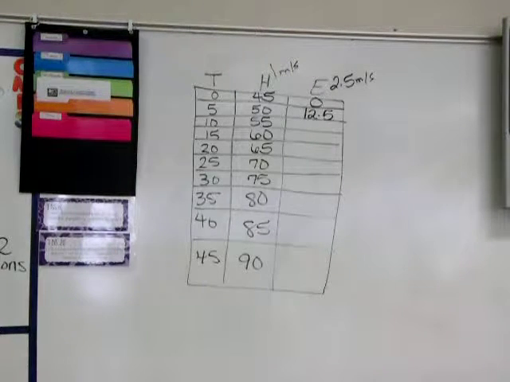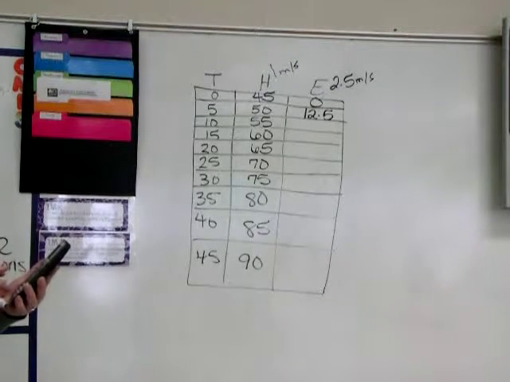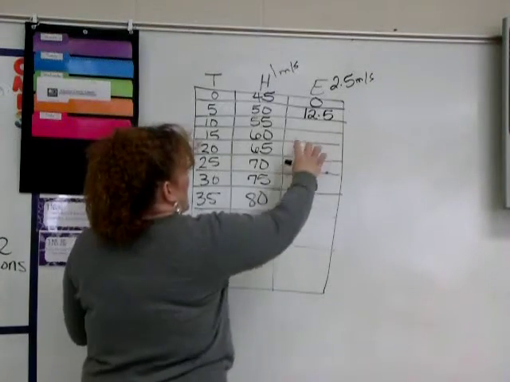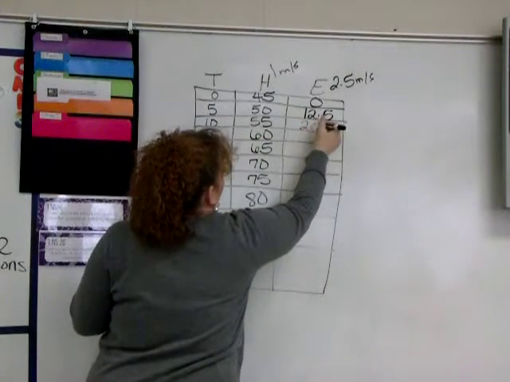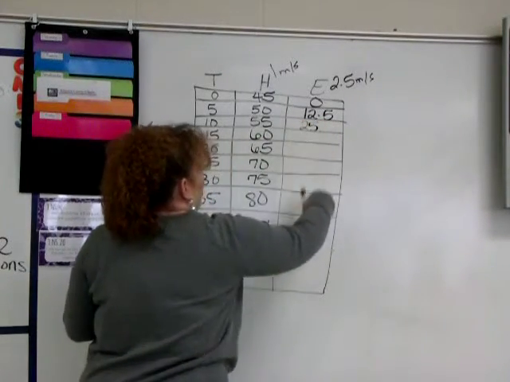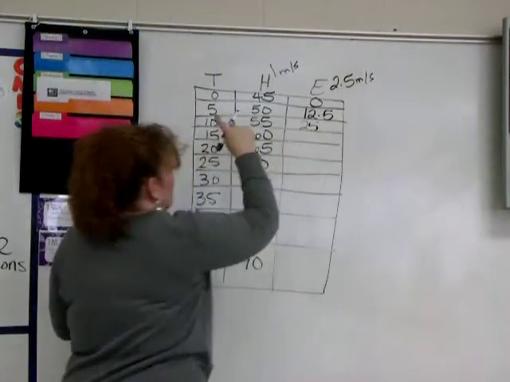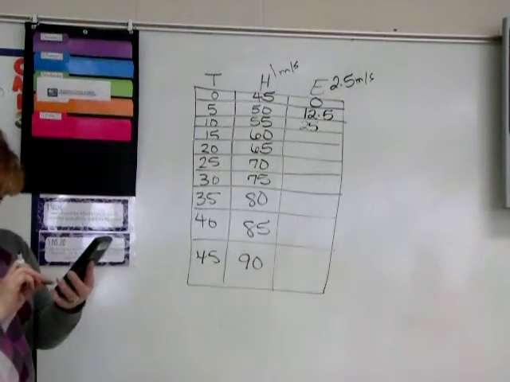I already got it. So now you're going to go 2.5 times 10, and you're going to fill in this row. 2.5 times 15. 37.5.